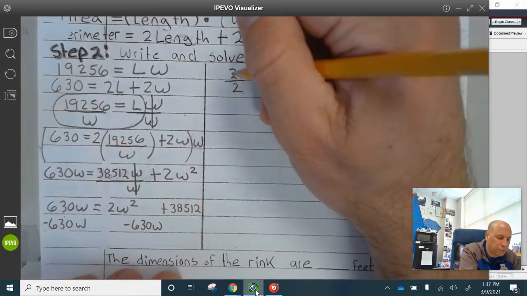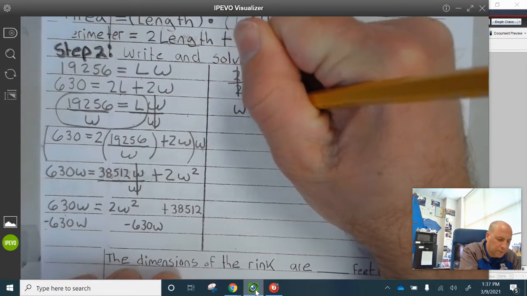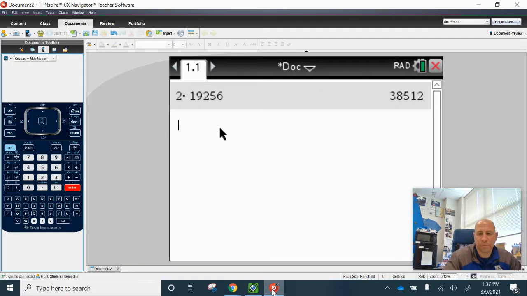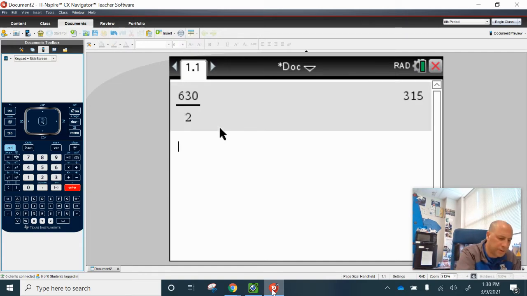Now, 2 divided by 2 is 1, so that's W squared minus, 630 divided by 2 is 315W, okay?